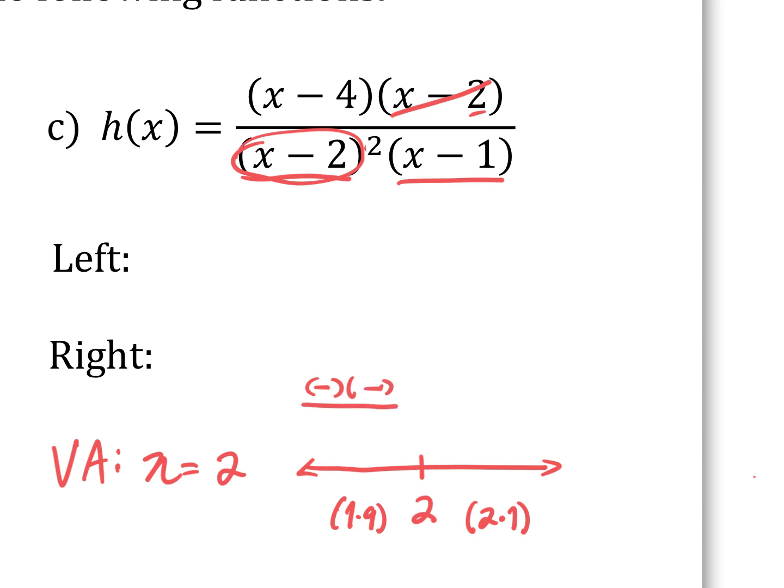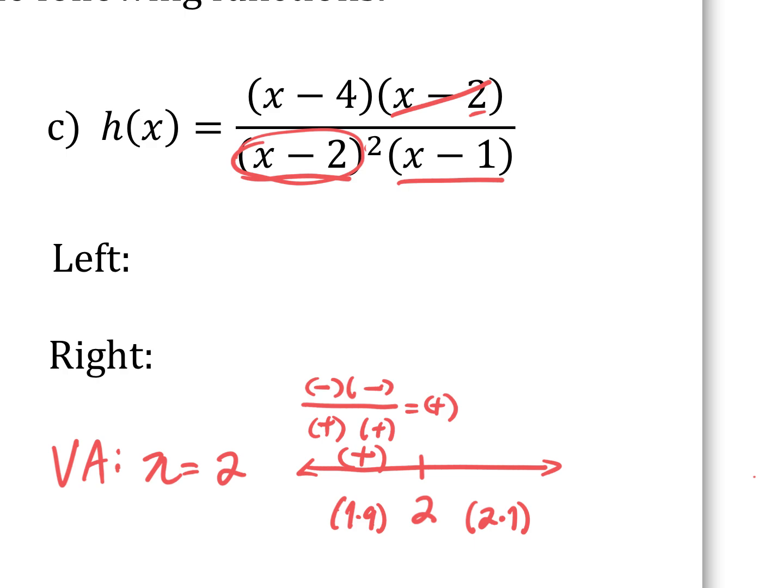Then 1.9 minus 2 is negative, but remember it is squared, so a negative squared is still going to give me a positive. And 1.9 minus 1 is still going to give me a positive. So all in all, this is going to yield a positive. So on this side, it's positive.